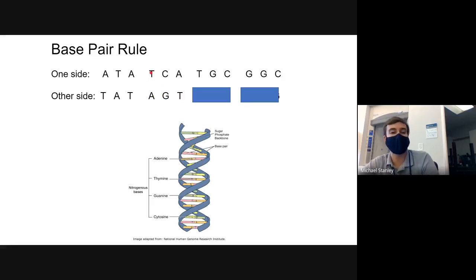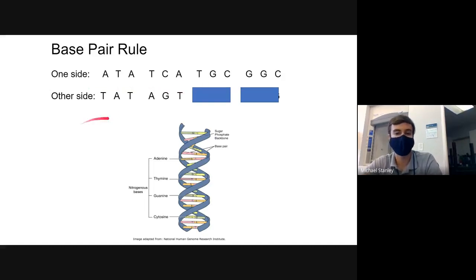If we have a T on one side, there has to be a matching A on the other side. If we have a C on one side, there has to be a matching G. And finally, if we have an A on one side, we have to have a matching T. So A and T will always go together, and C and G will always go together.